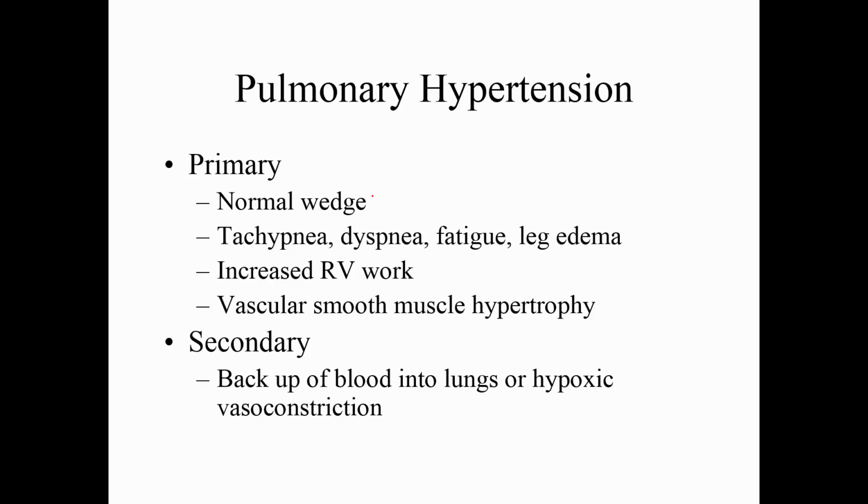We get concerned about the reversibility of pulmonary hypertension. Remember, you have smooth muscle in the walls of blood vessels, and when that smooth muscle hypertrophies, then your pulmonary hypertension has become irreversible. A very important treatment of pulmonary hypertension is things that increase nitric oxide. So things like Viagra.